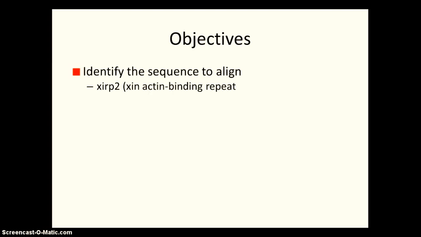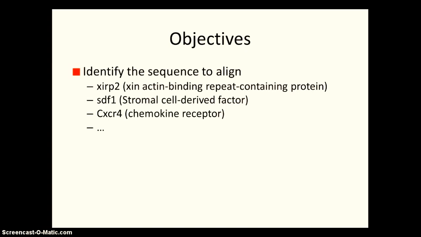So first we should select one gene which we are looking for, for example XRP2, SD1 or CXCR4, or whatever you want.